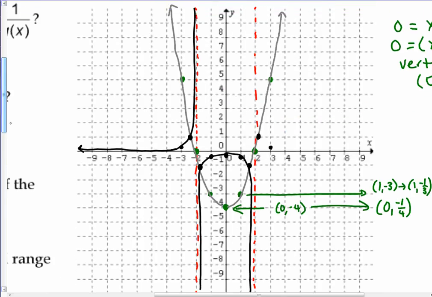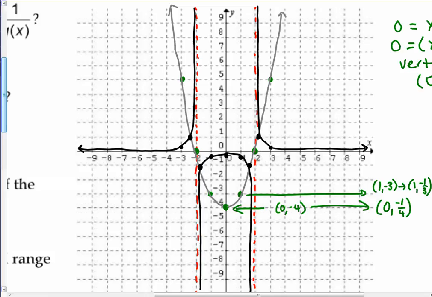And the other side. Okay, so let's talk about why it does this. Notice where I was above the x-axis, I'm still going to stay above the x-axis. Here the black line is the reciprocal. So where the graph was getting larger, the reciprocal is getting smaller.